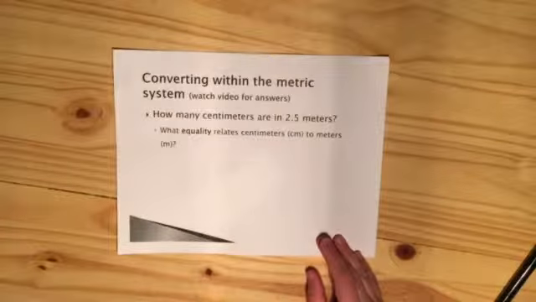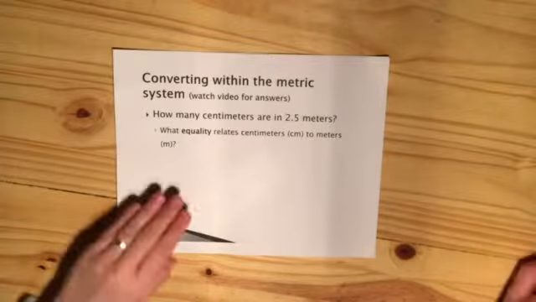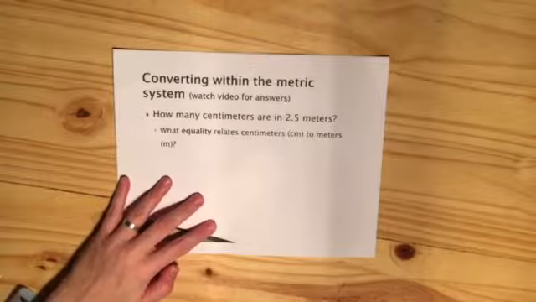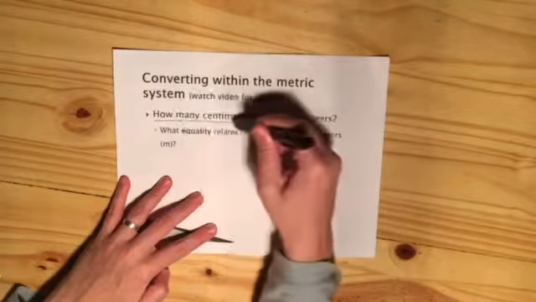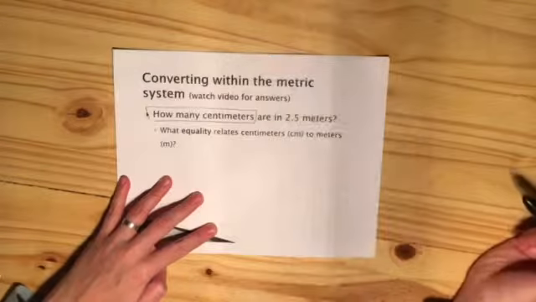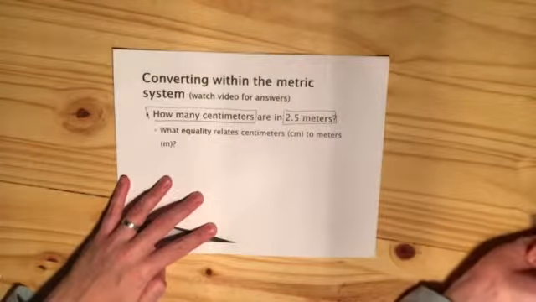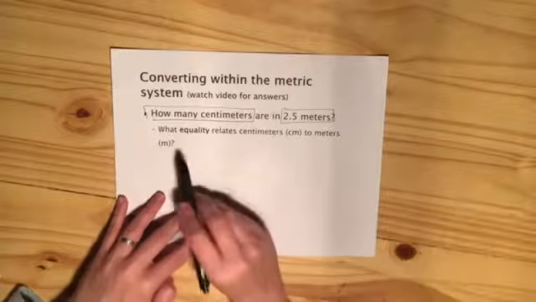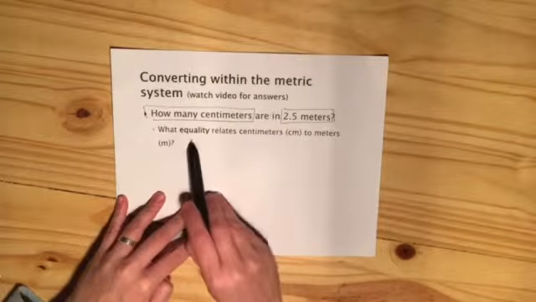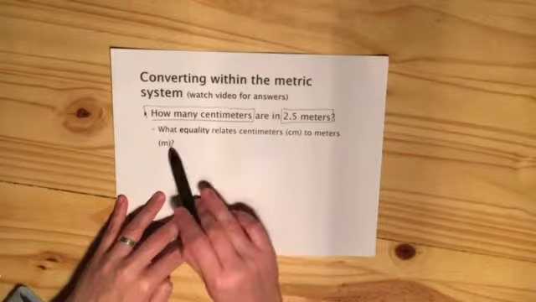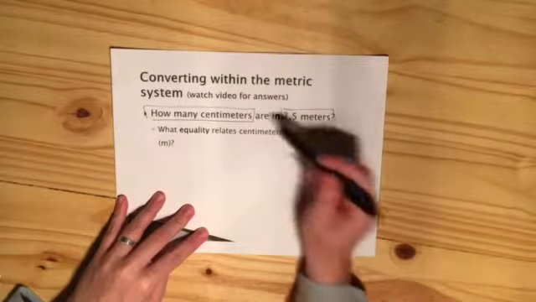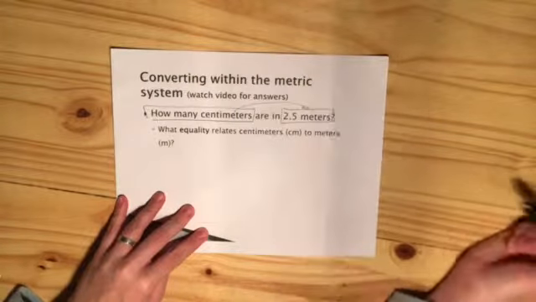So let's practice that. We want to know how many centimeters are in 2.5 meters. So here is our question. How many centimeters? Here is what we are given. First of all, this question says, what equality relates centimeters to meters? How can we relate centimeters to meters?